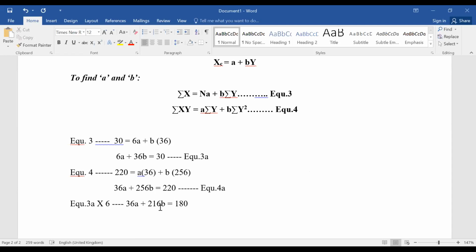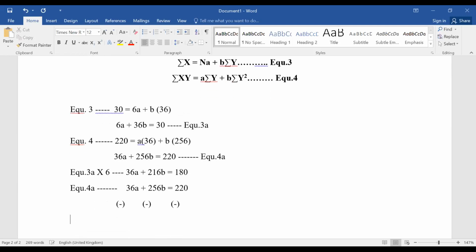And then equation 4a, we are going to write as it is. 36a plus 256b equal to 220. Now you can solve both equations, and make this a minus. This is also a minus, and this one also a minus.